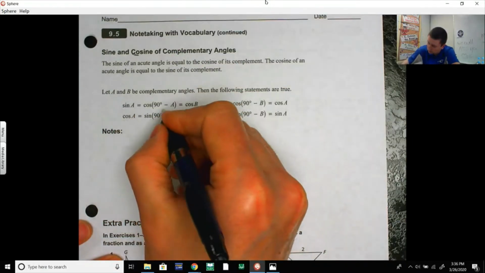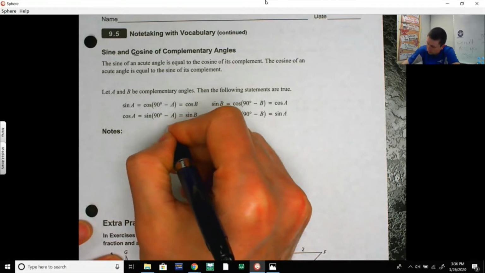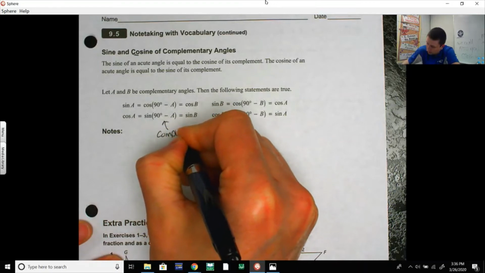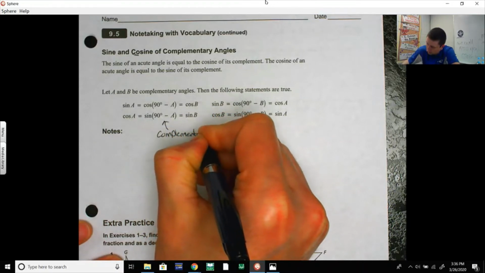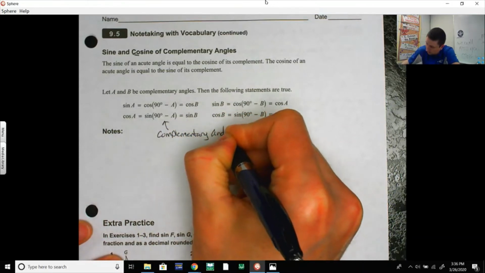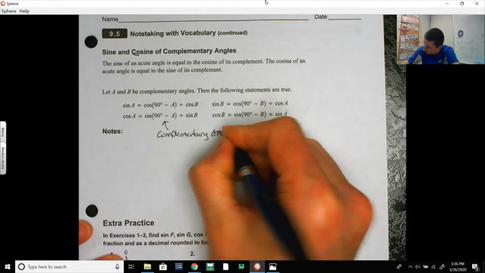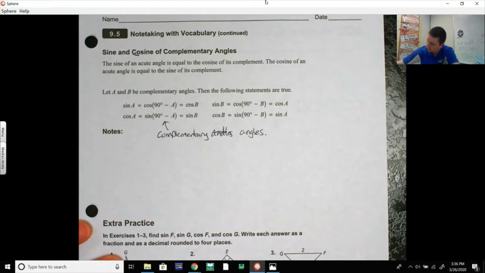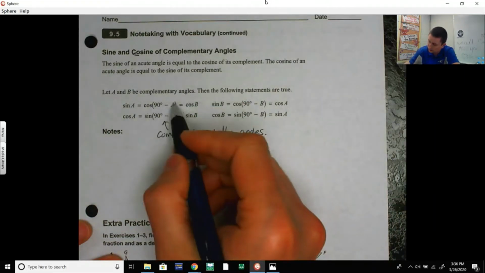So when you see this right here, they are talking about complementary angles. Who wrote angles? Angles. Okay? So complementary angles, 90 minus A is B.